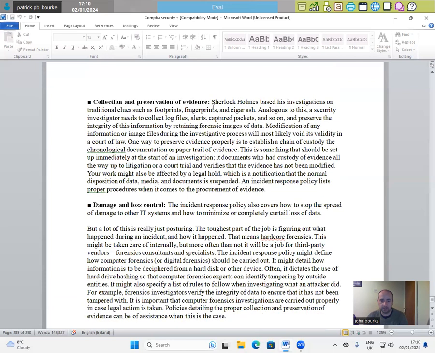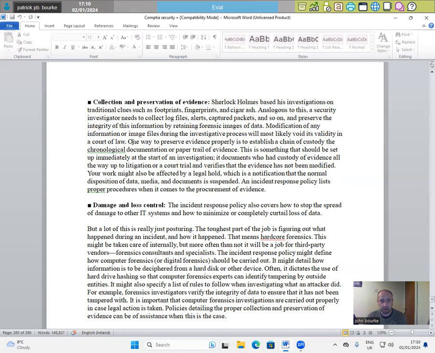Collection and preservation of data. Sherlock Holmes based his investigations on traditional clues such as footprints and fingerprints. Analogous to this, a security investigator needs to collect log files, alerts, captured packets, and so on, and preserve the integrity of this information by retaining forensic images of data.